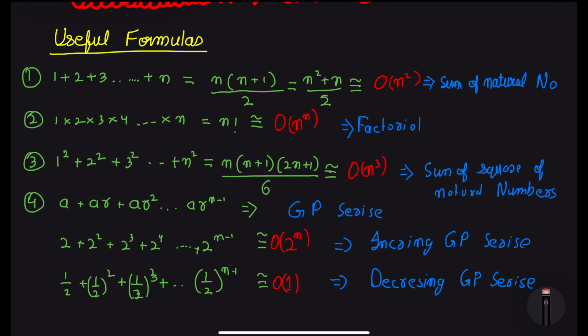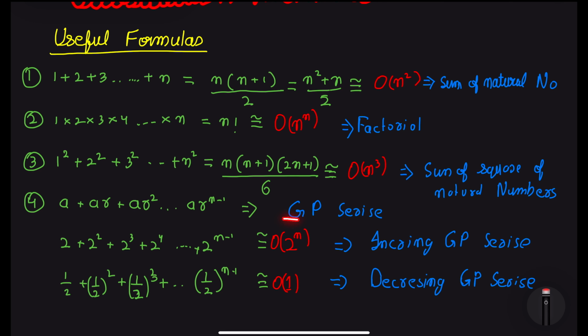Third, we have the sum of squares of natural numbers: 1 square plus 2 square plus 3 square up to n square, which equals n into n plus 1 into 2n plus 1 by 6. If we solve this, we get n cube as the dominant term, so we can write it as big O of n cube.